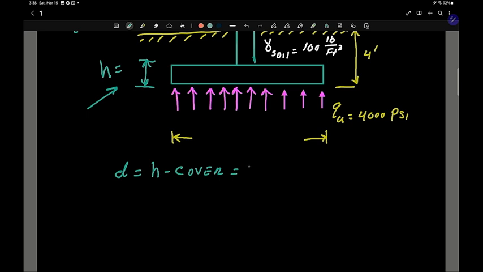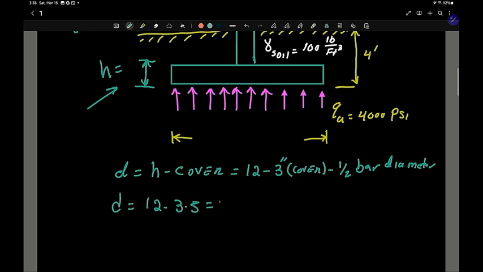And in our case, we said let's go with the 12-inch minus 3-inch cover minus half of the bar diameter. So d is going to come out to be 12 minus 3.5, so use 3.5 for both of those combined. It becomes 8.5.